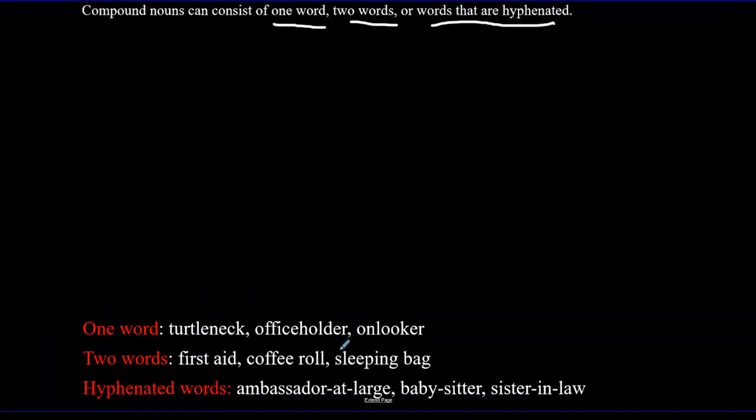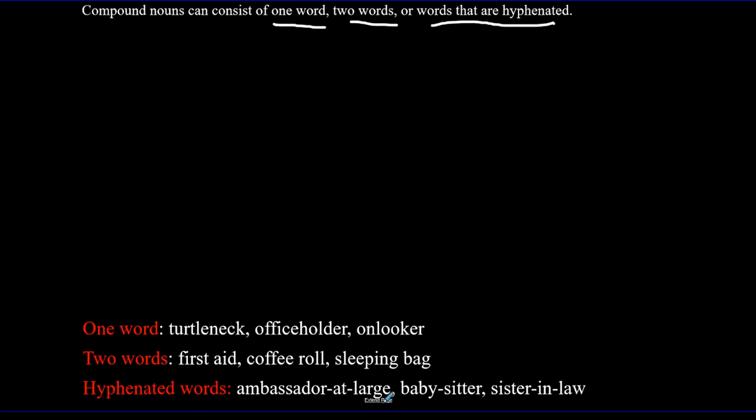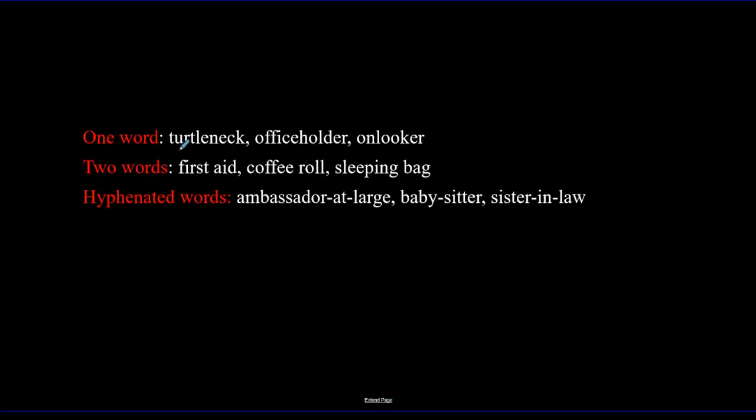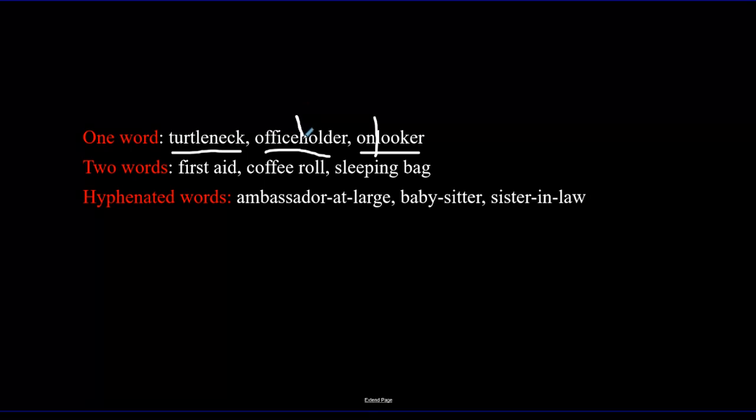Let's take an example of one-word compound nouns. You can have the words turtleneck, officeholder, or onlooker. So in these cases, you have two nouns that are joined: onlooker, officeholder, and turtleneck.